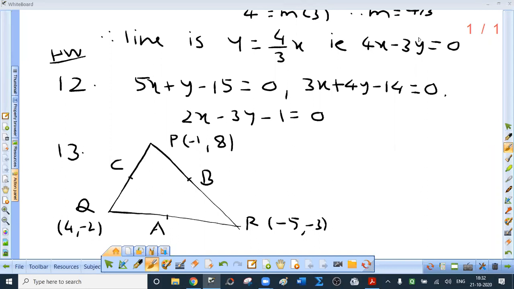It is called the circumcenter. So you should know this. Point of intersection of three medians is the centroid. Point of intersection of three angle bisectors is the incenter. Point of intersection of three altitudes is the orthocenter. And the point of intersection of three perpendicular bisectors of a triangle is nothing but the circumcenter.